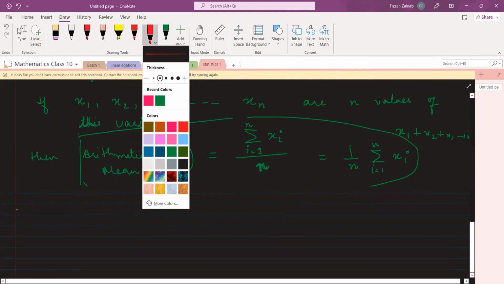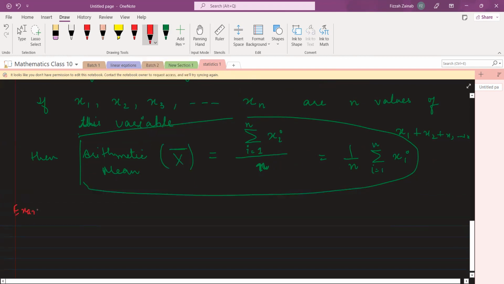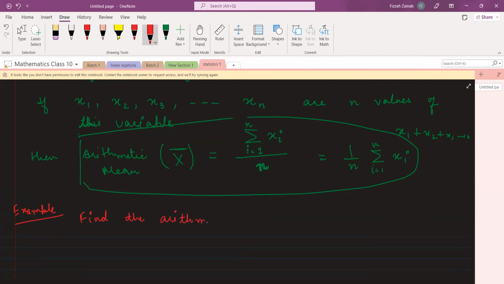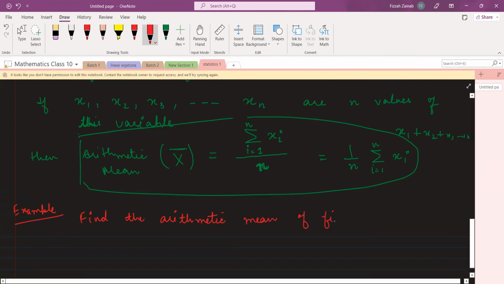I just want to show you how to use this formula. Example. Very easy. Write down, find the arithmetic mean of first 6 natural numbers.